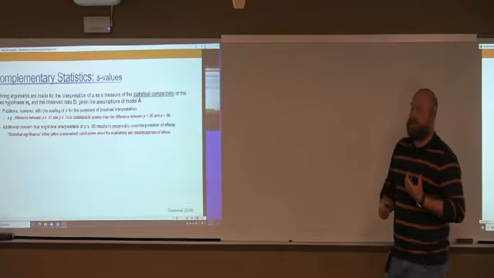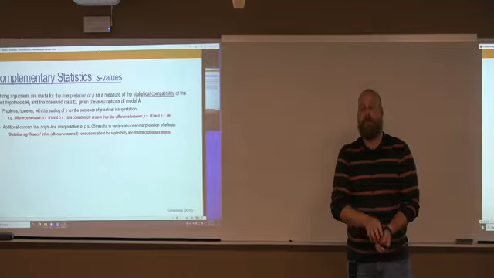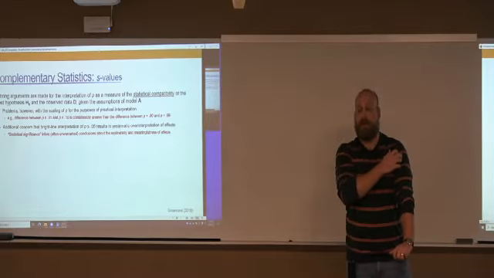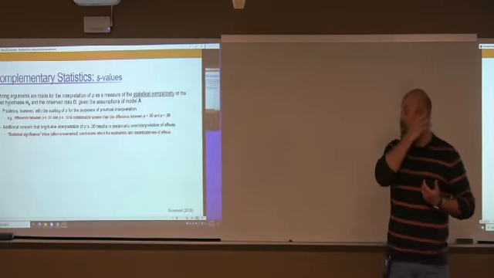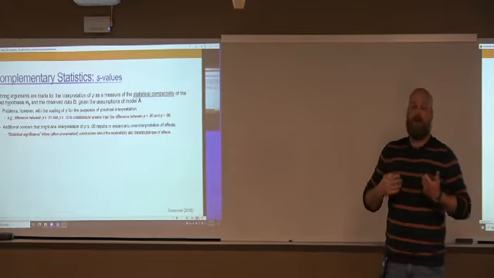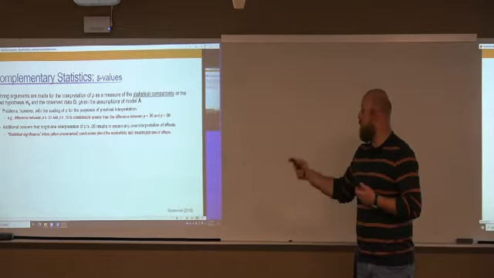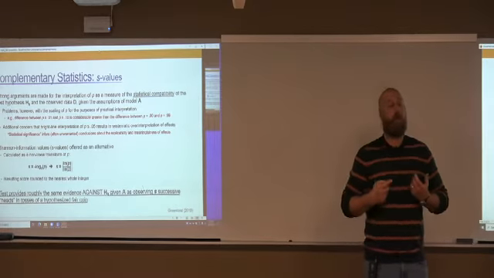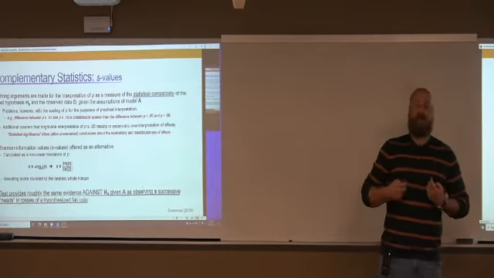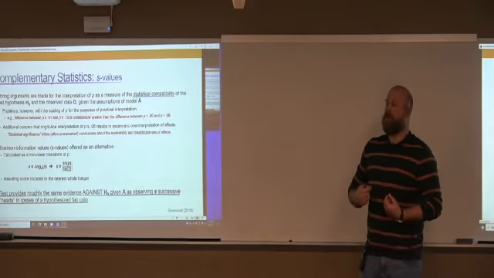But then we also introduced a couple of other complementary statistics, pulled from the American Statistical Association, talking about some of the limitations of p-values in our inference tests and some different ways to supplement those, right? We talked about these Shannon information values. The issue with our p-values is that they do tell us something specific, but they're not necessarily intuitive.